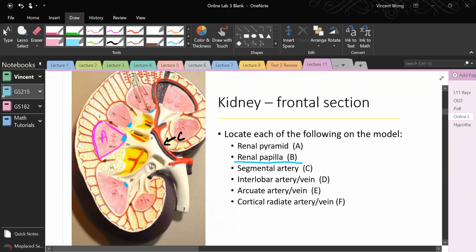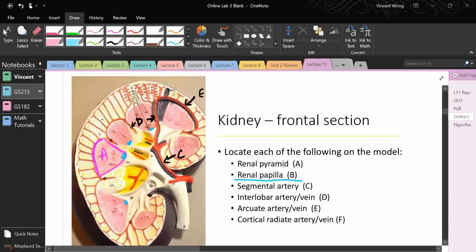Interlobar vein. That's the one that goes up along the side of the pyramid. Okay, so there is another one right here. All these things that go up on the side. Arcuate artery or vein. That's the one that's on the outer edge. That is E right here.